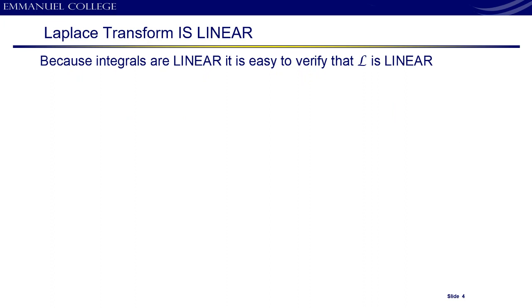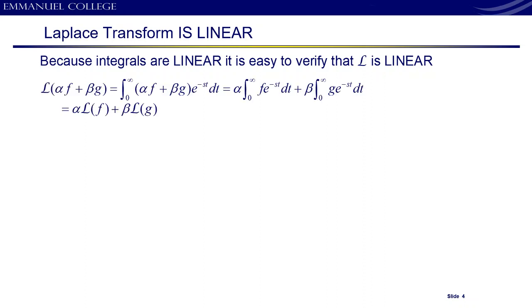But the nice thing is, I mentioned this last time, integrals are linear. So the Laplace transform, by definition, since it's using integration in the way it does, would also have to be linear. And pretty much same proof I did last time. Laplace transform of alpha f plus beta g. Factor out your constants because they're integrals.